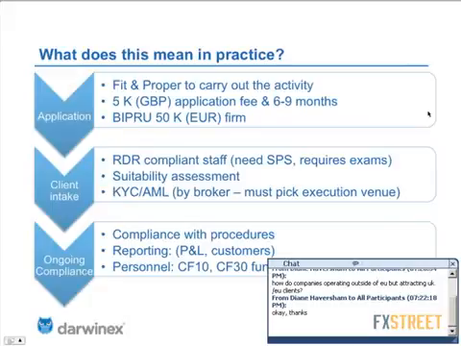It's those sort of checks that you have to make and document, because the FCA can come at any time and check your records to verify that you're carrying out proper suitability assessments to make sure that you can accept the customers that you are accepting.